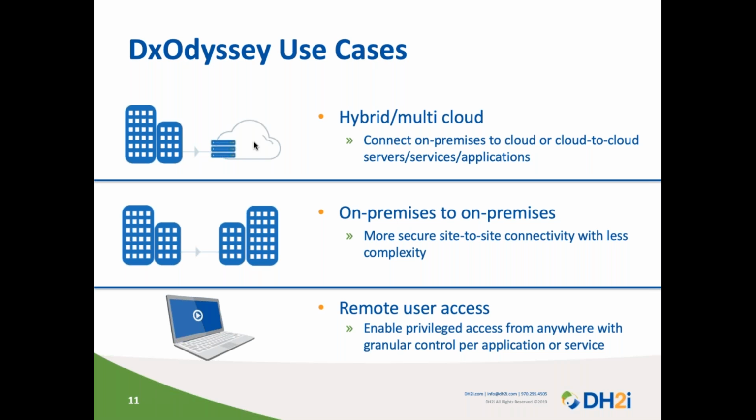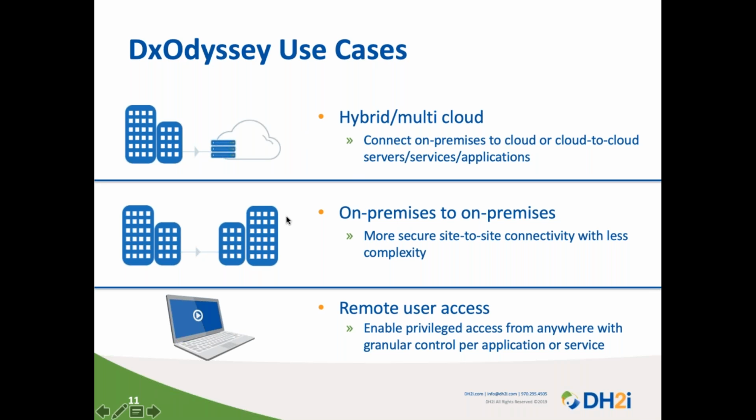So you can do away with that, increase the level of security, and ensure that you're only allowing granular application level access to the particular applications or servers or services that should be granted access to.